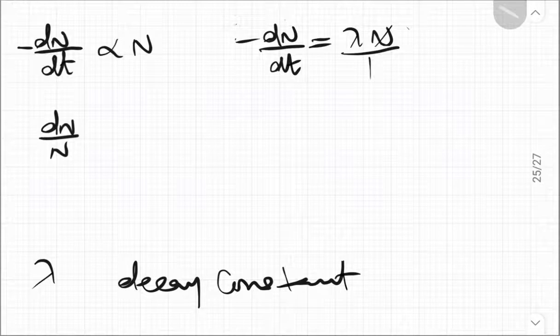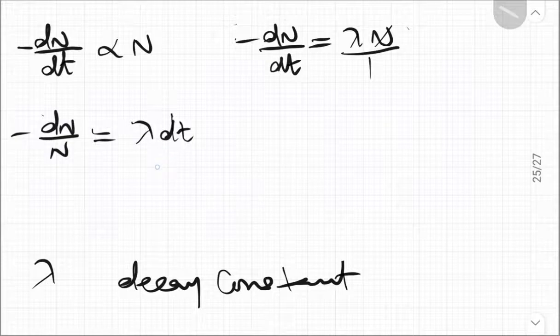Because we want to separate the variables so that we have one variable on one side of the equal sign and the other variable on the other side of the equal sign. So we have minus dn over n equal to lambda times dt, right? Okay.